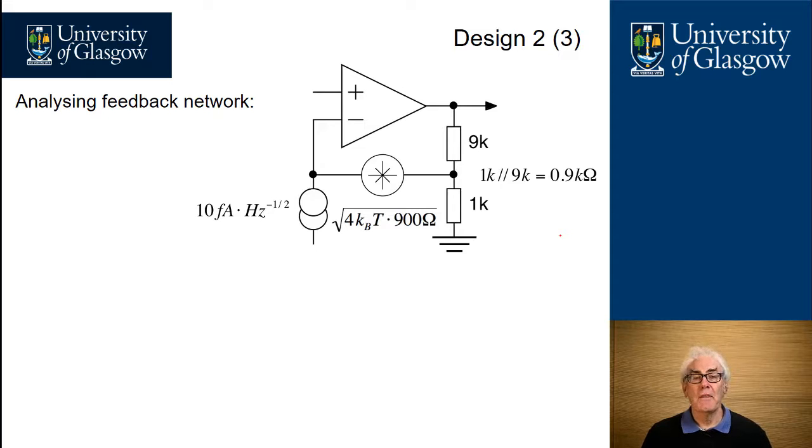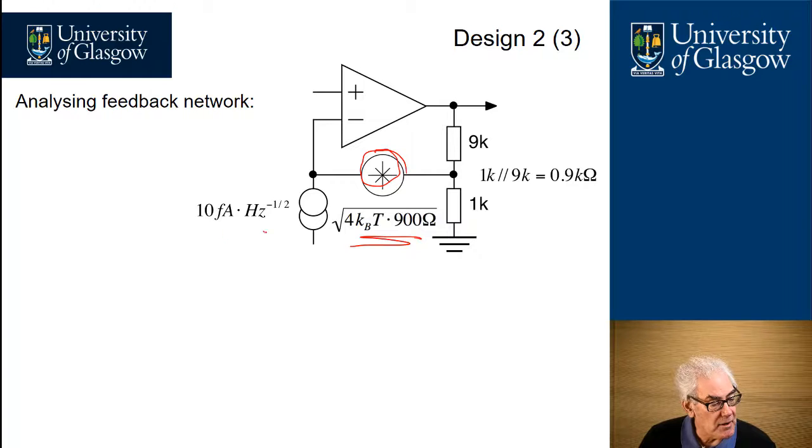We're going to look at the inverting input first. So here we have a noise voltage source, which is in series with the resistance of 9K ohms in parallel with 1K ohm. So we have worked out a noise voltage equivalent of 4kT times 900 ohms.